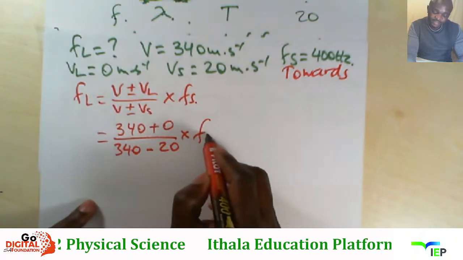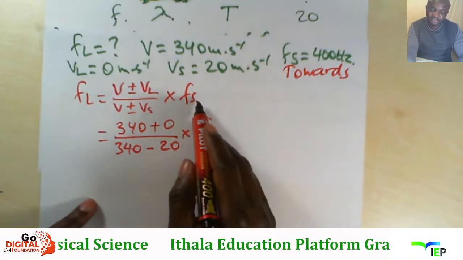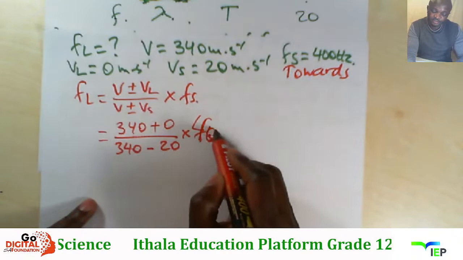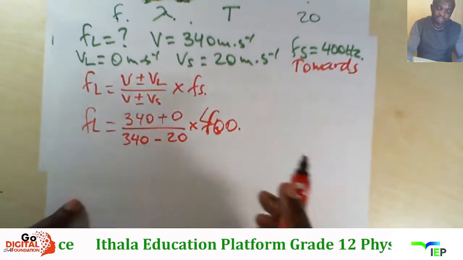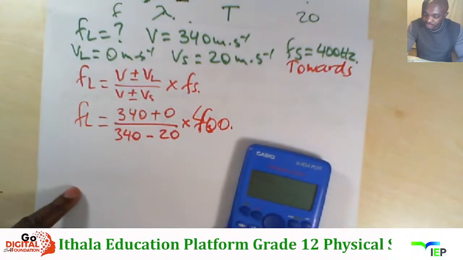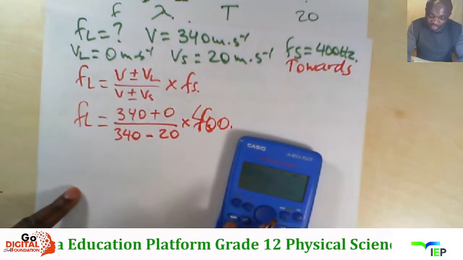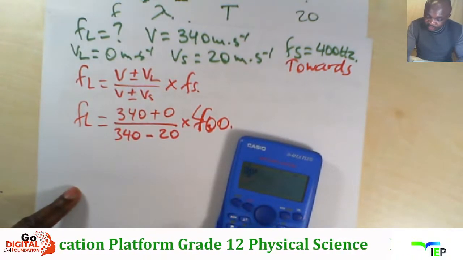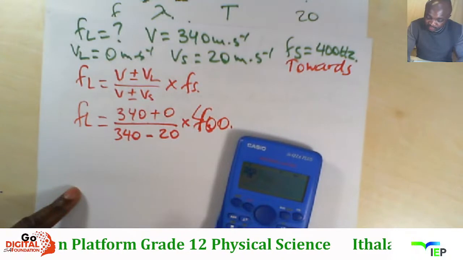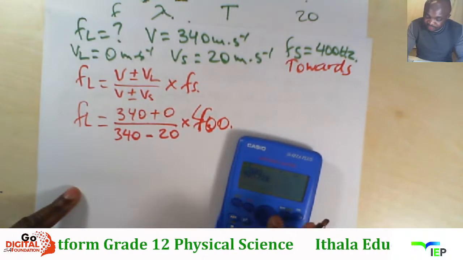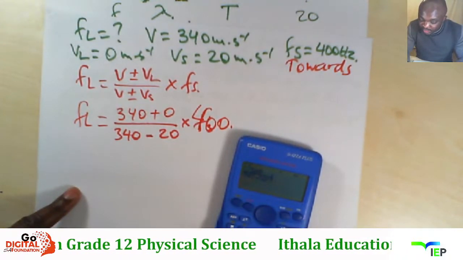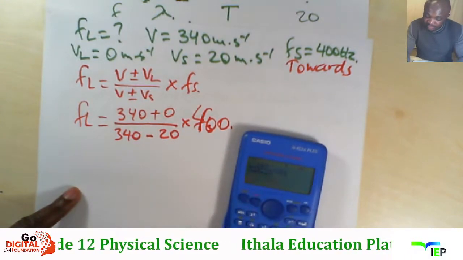times Fs. The Fs is 400 Hz, then we look for Fl. So easily we can calculate it, so 340 over 340 minus 20, then all of that times 400.